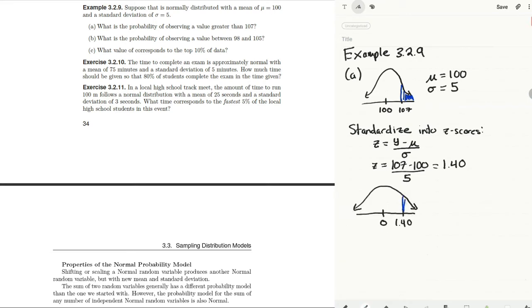So finding the area to the right of 107 in our first normal distribution is equivalent to finding the area to the right of 1.4 in the standard normal distribution. And so mathematically we can write this as the area to the right of 107 is the same as the area to the right of our z-score of 1.4.